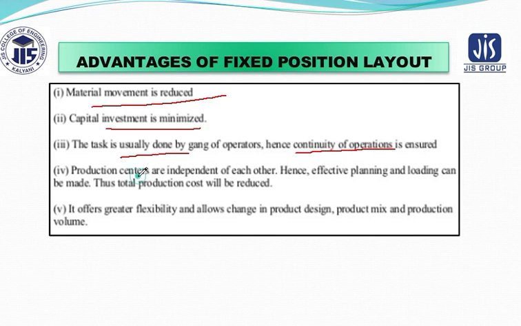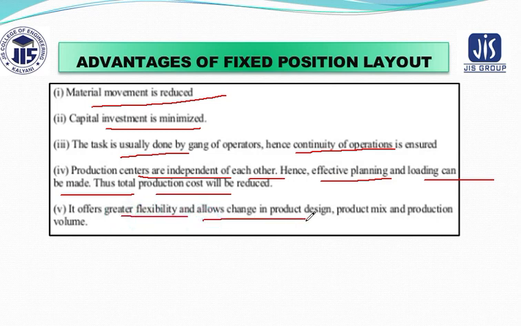Production centers are independent of each other, hence effective planning and loading can also be made. Thus, total production cost will be reduced. It offers greater flexibility and allows changes in product design, product mix and production volume. So these are the advantages of fixed position layout.